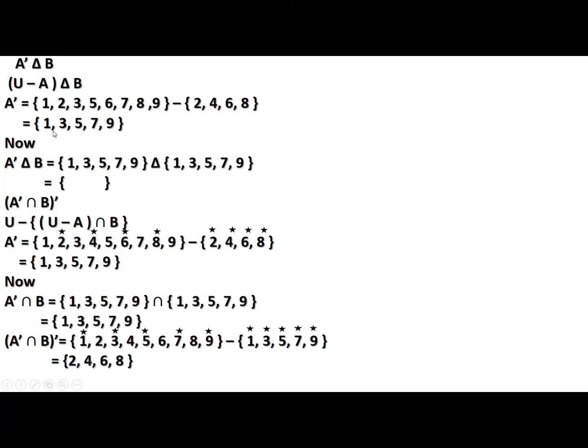So what answer is coming, and what we learned: the set containing those elements that are in U but not in set A. 2 we can find, 4 we can find, 6 and 8 we can find in the other set, so 1 will be the answer. Then 3, 5, 7, 9. Because these elements we cannot find in set A, therefore this will be the answer.